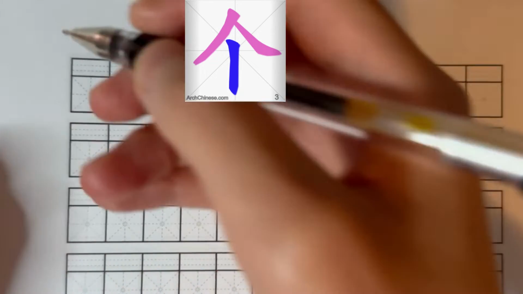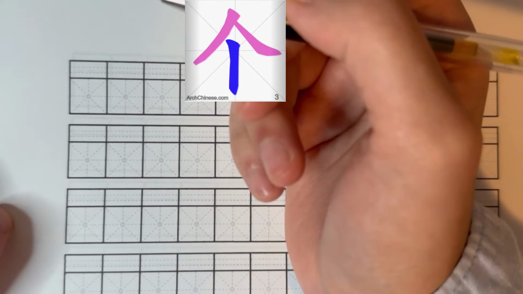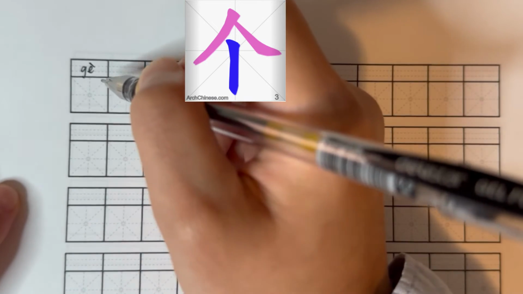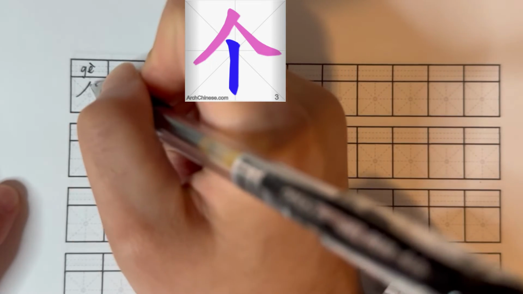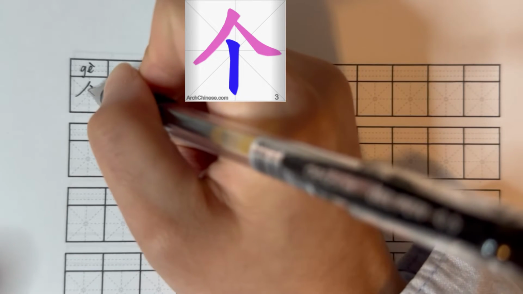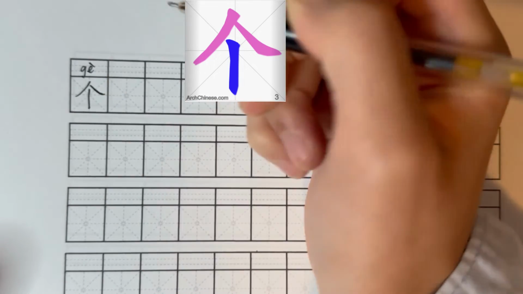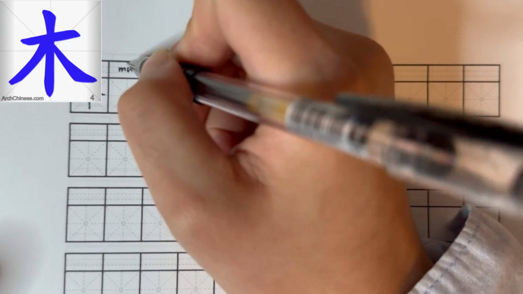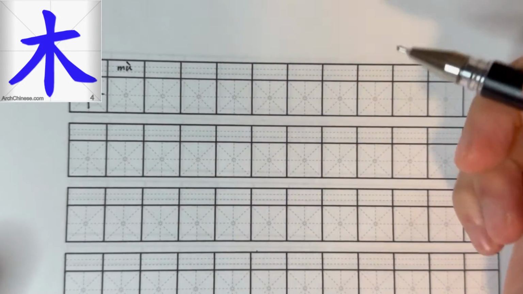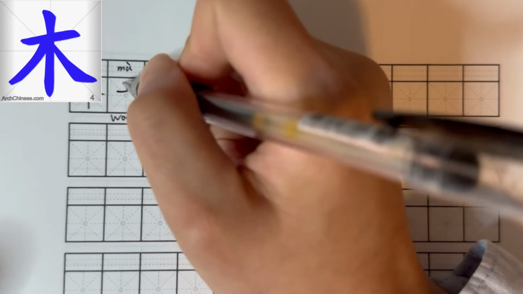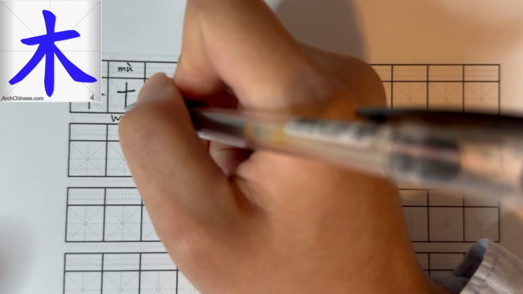Alright, first character is a measure word for nouns. 3 strokes. 撇 那 In the middle, 树. Next character, 木, wood or tree. 横 树.